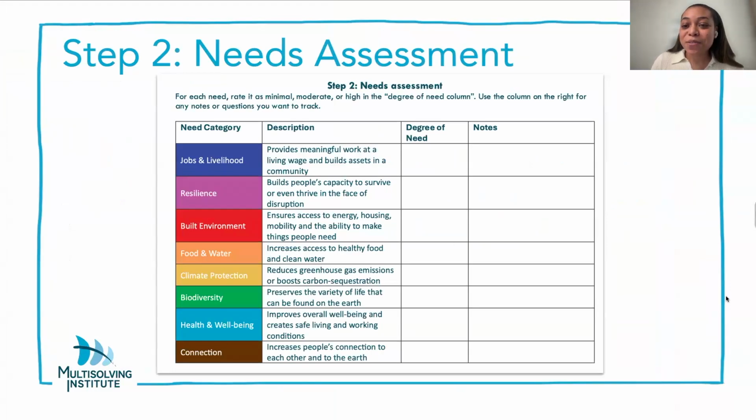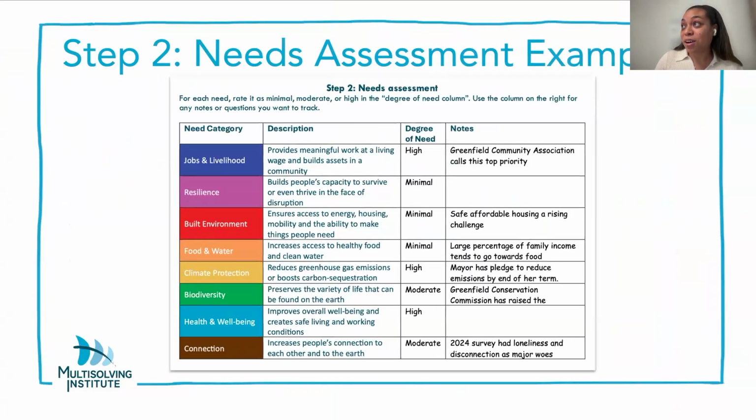So now, if you will go back to your worksheet, take into consideration the system that you identified in step one, and now we want you to think of the degree of need in that system. So, for those different degrees of need, for example, going to our Greenfield community, there is a high need for people to have more jobs and livelihood.